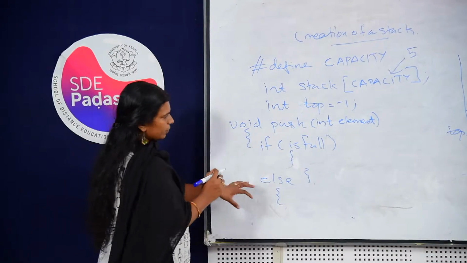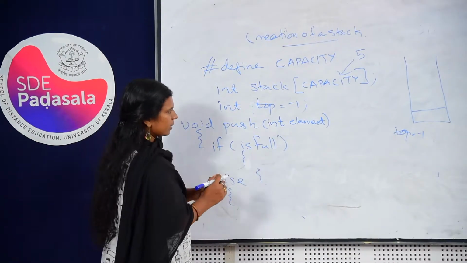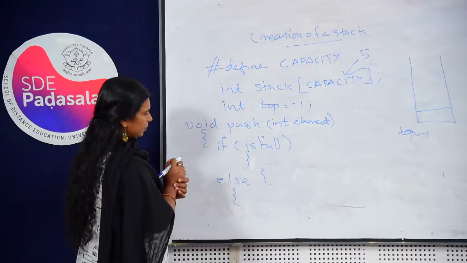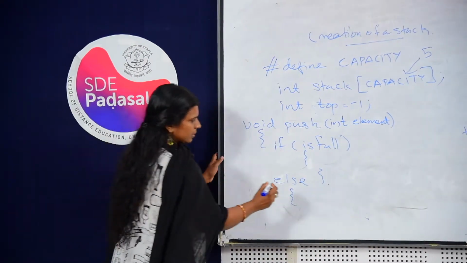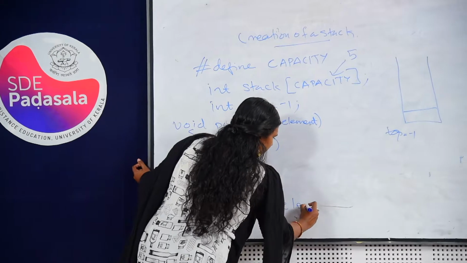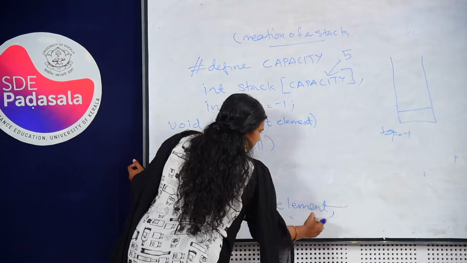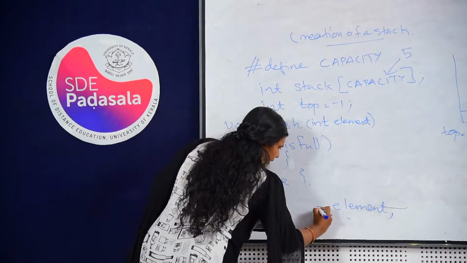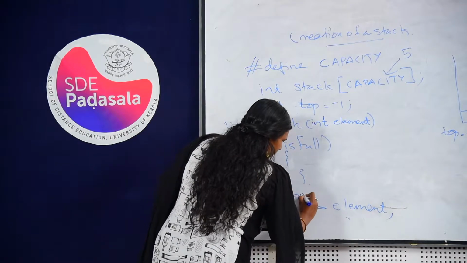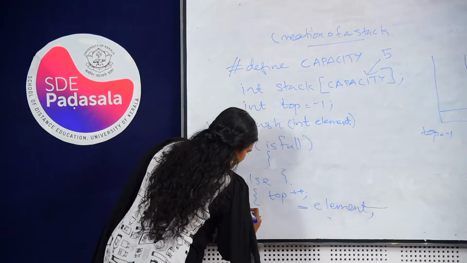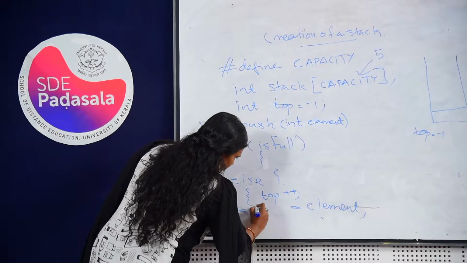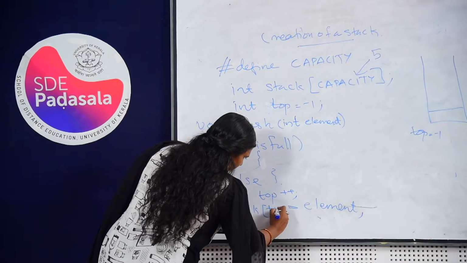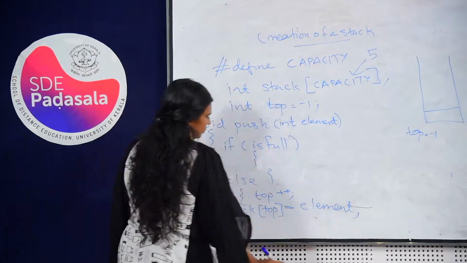Okay. In the else part, what do we do? The stack is not full, so we can insert the element. In the else part we will insert this element. That is, the element is passed, and that element will be inserted into stack of top.